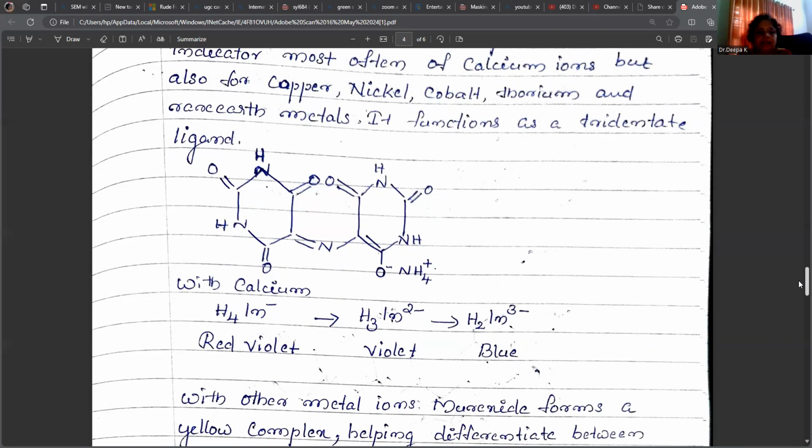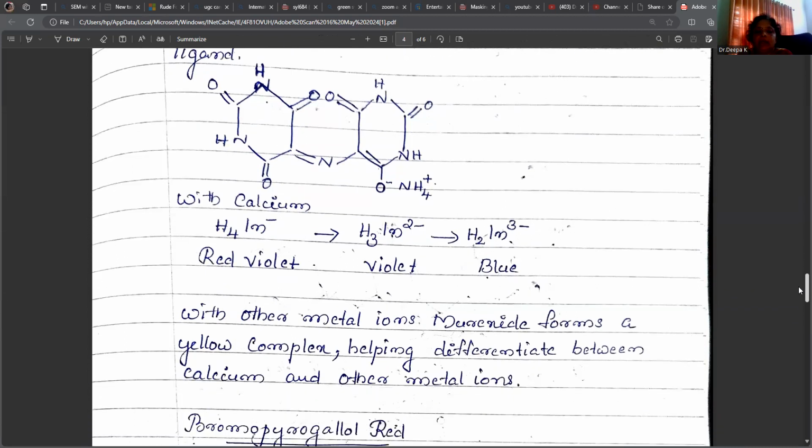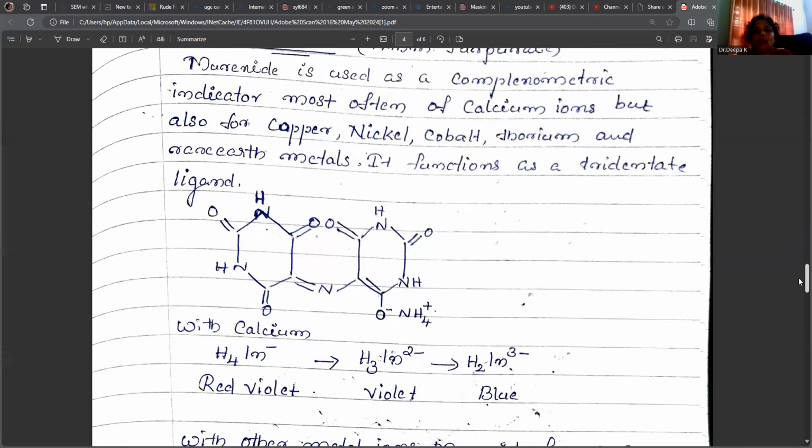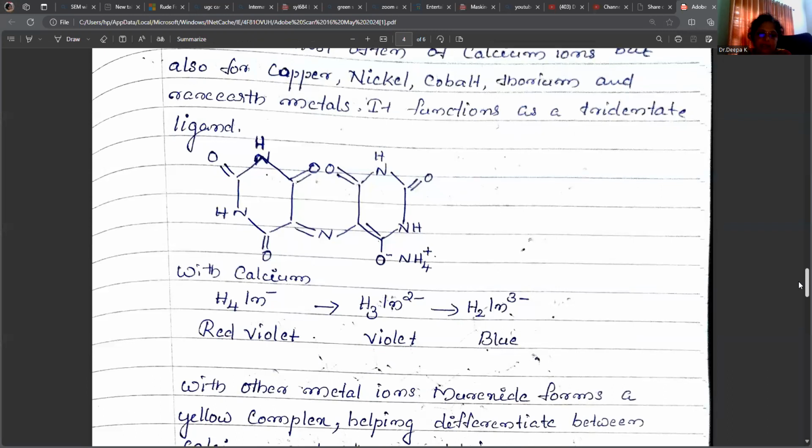In acidic conditions, it will be red violet, and in neutral condition, it will be violet, and it turns to blue. With other metal ions, murexide forms a yellow complex, helping differentiate between calcium and other metal ions. So we can use murexide for the estimation of copper, nickel, cobalt, thorium, and rare earth metals.